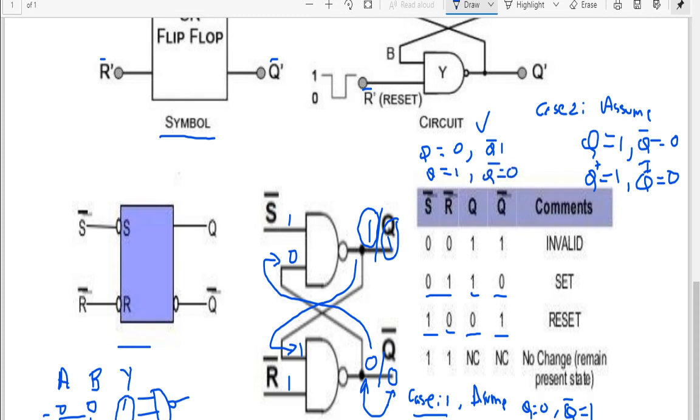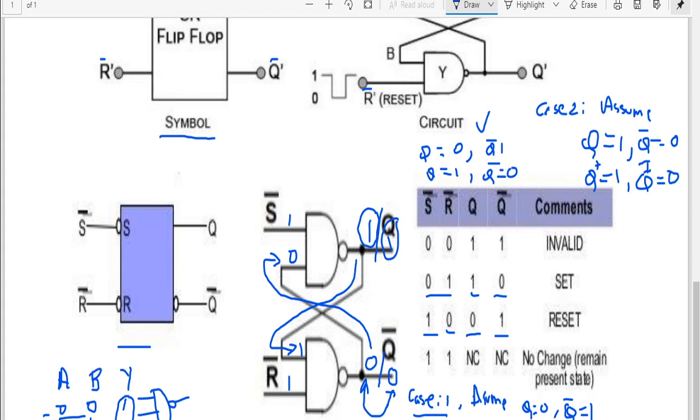Okay, so in case 1 and case 2 we saw that in both the cases the state of the flip-flop did not change. The next state and the previous state remained the same, so they were in the present state only.